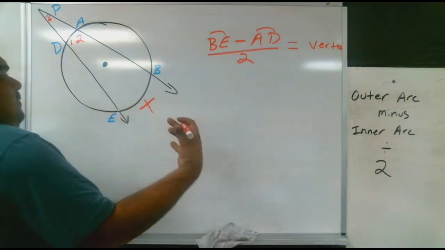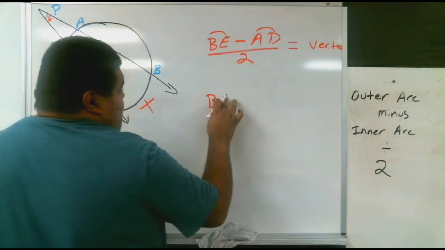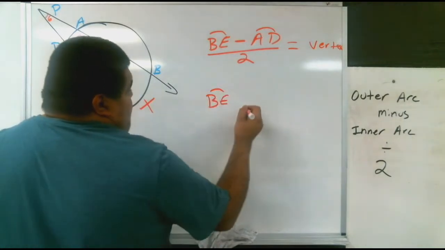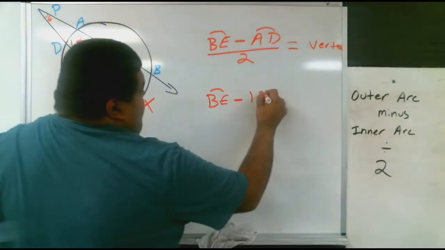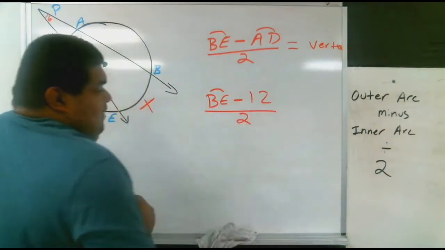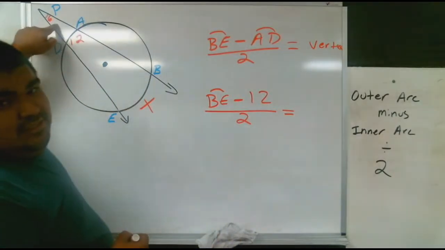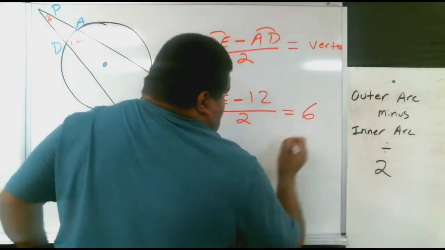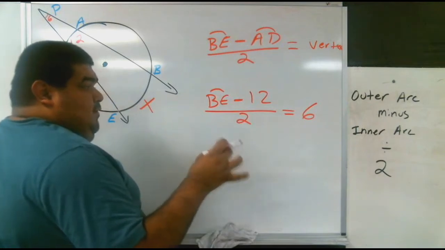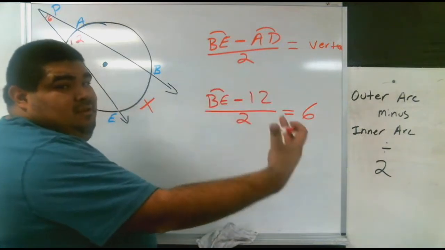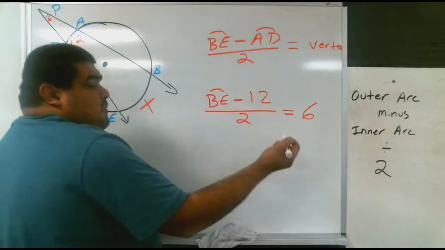So now we're going to do the opposite. If we want to find the outer, we say BE minus AD, which in this case is 12, divided by 2, equals our vertex, which in this case is 6. To find BE, all we have to do is the opposite. The 2 has been divided, so the opposite is multiplication.